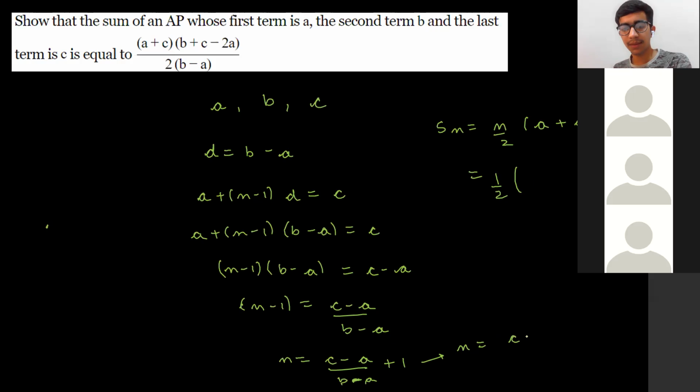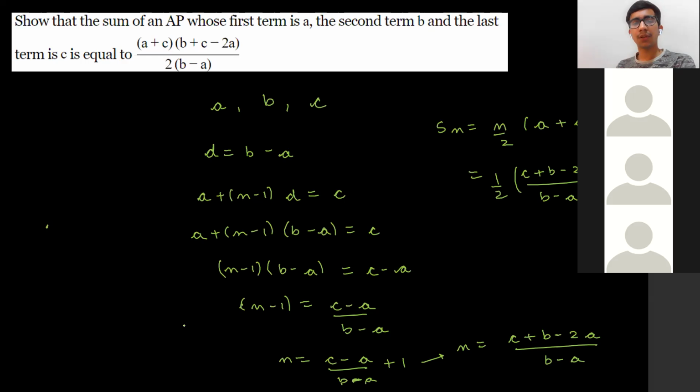So this will be C plus B minus 2A divided by B minus A. All right, so this comes as C plus B minus 2A divided by B minus A times A plus C. And I guess that is what we have. Yeah, this is what we have to prove.